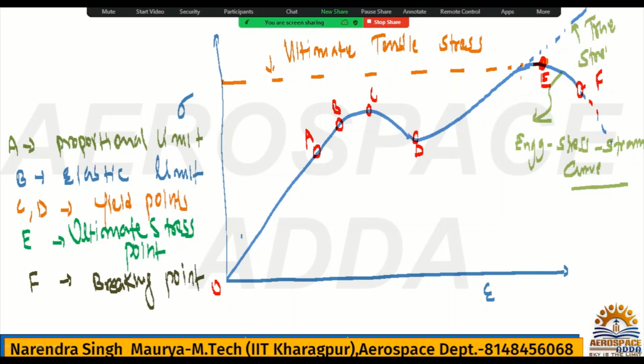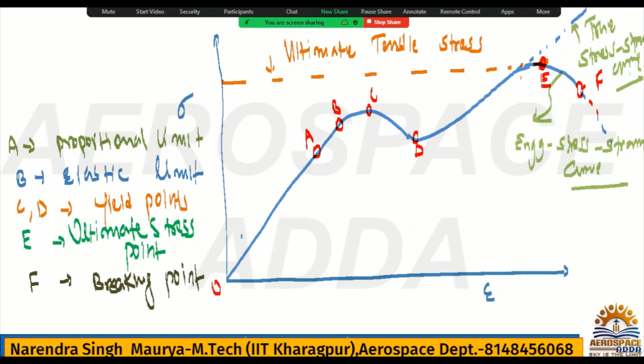All the points are important with respect to the true stress strain curve; we will have a true strain that we also have to calculate. With respect to the engineering stress strain curve, we have an engineering strain that we have to calculate. So each and every point is very important.